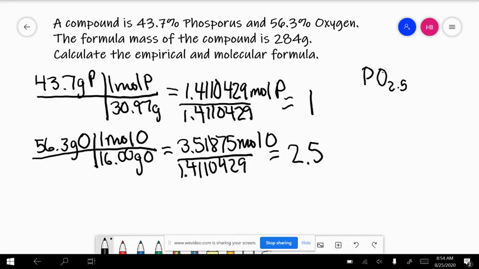But this doesn't make any sense because I can't have part of an atom. So what I want to do is multiply it by the lowest whole number that will give me a number that makes sense. So the empirical formula here is P2O5.